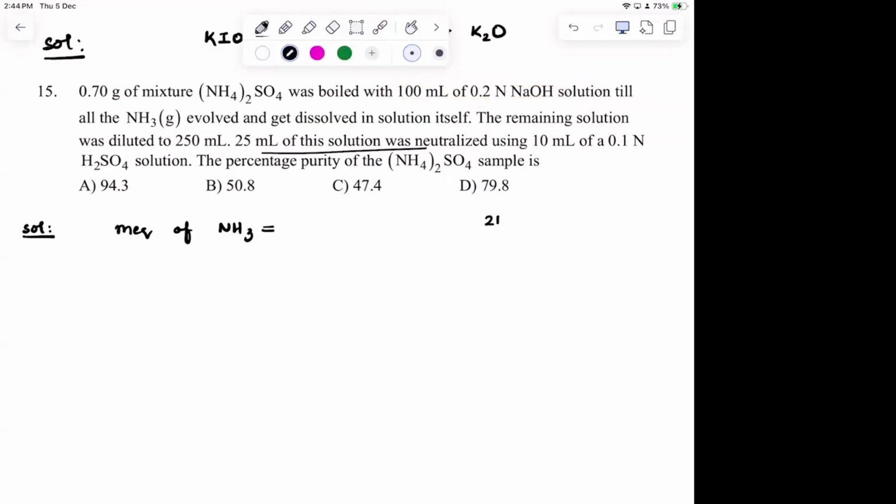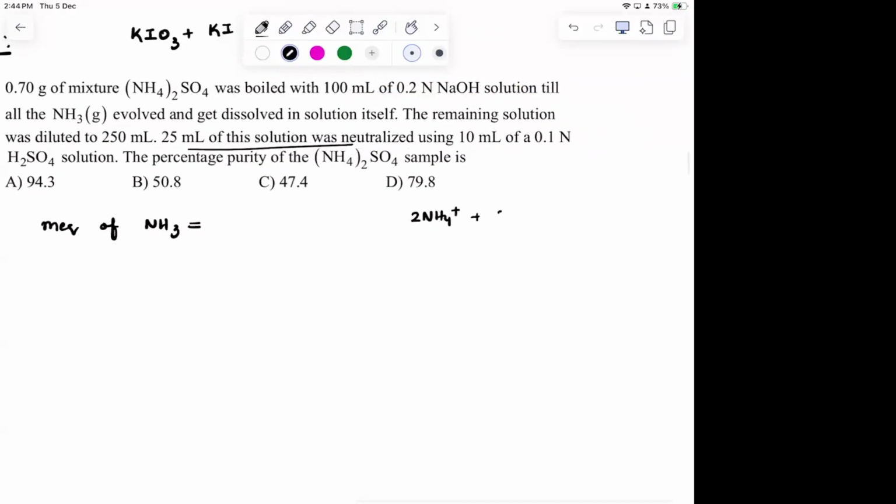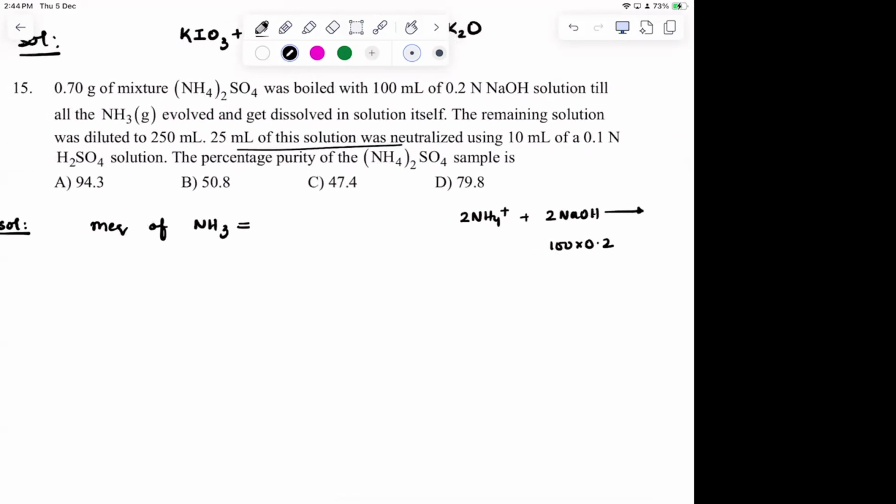We require 2 NH4 plus to neutralize, as 2 moles of NaOH here, isn't it? So which means you have 100 into 0.2 milliequivalents, till the ammonia gets evolved.